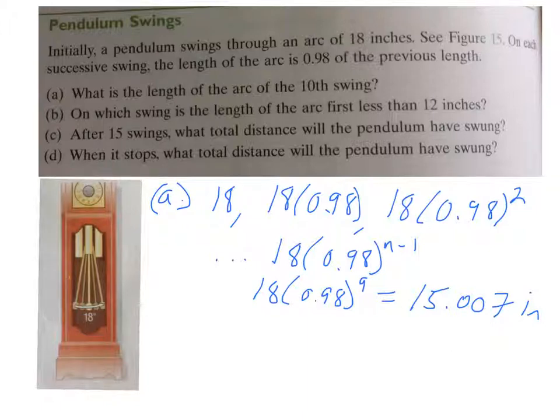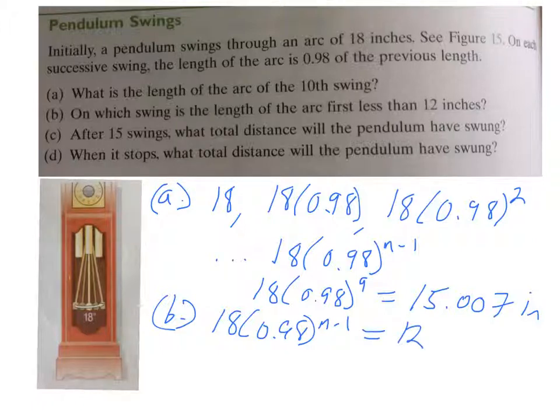So part B: we already said that on the nth swing, it's going to be 18 times 0.98 to the n minus 1 inches. The question is on which swing the length of the arc is first less than 12. If we can figure out when it's equal to 12, then it's going to be less than 12 on the swing after that.